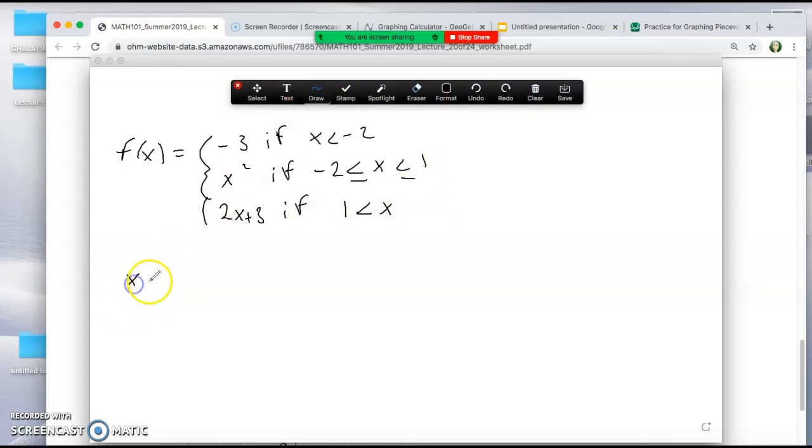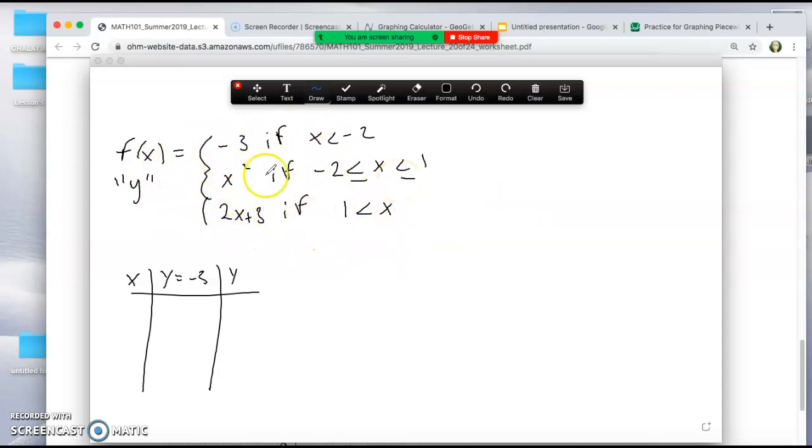So I'm going to make the first one, which is y equals -3. Okay, and I'm only graphing this graph, y equals -3, because remember, f of x is the same thing as y equals, right? These are three different graphs: y equals -3, y equals x squared, y equals 2x plus 3, but each of them has specific rules.